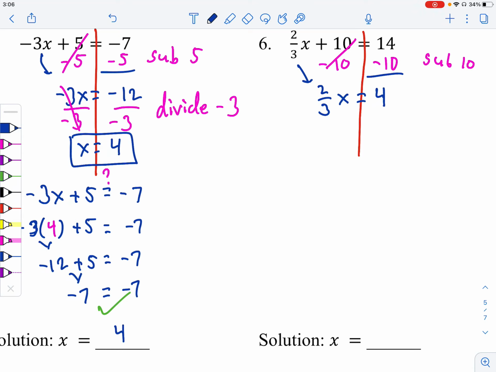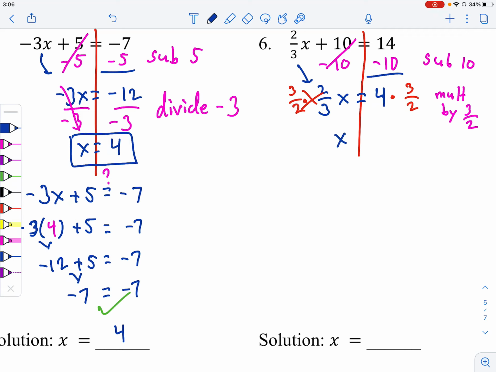So get rid of the fraction, divide by 2/3. We can multiply by its reciprocal. So we're just going to multiply and cross multiply, right? So this cancels each other out. So we just multiply by 3 over 2, which is the reciprocal of 2/3.